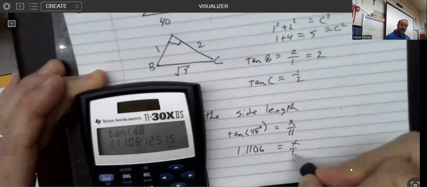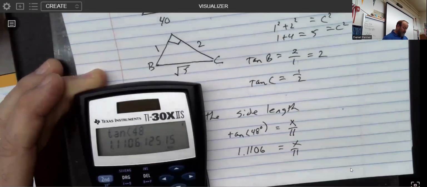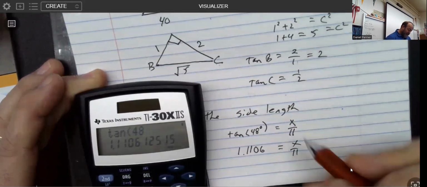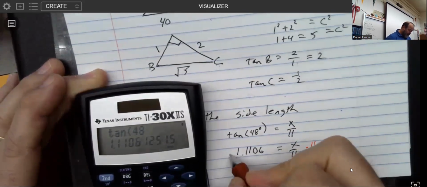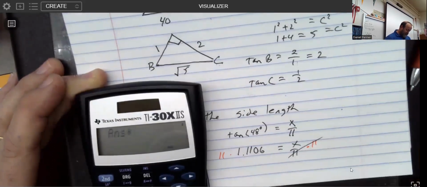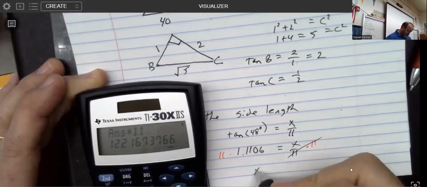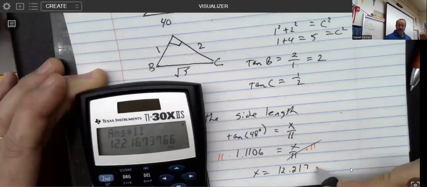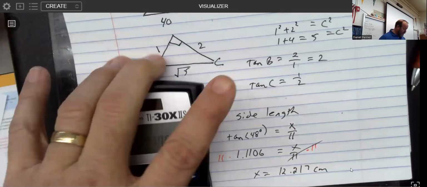And so if I wanted to find that value of x, then all I need to do is multiply both sides by 11. Kind of a fraction buster story. So if I just hit times 11, I found out that x would be 12.217 centimeters, since I said centimeters in the problem.